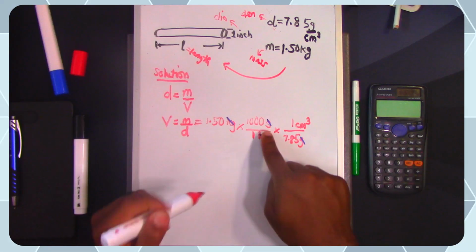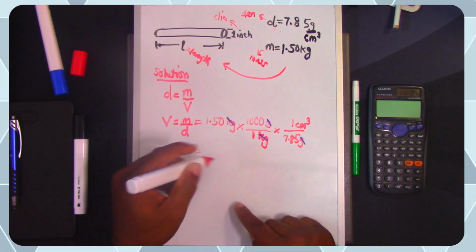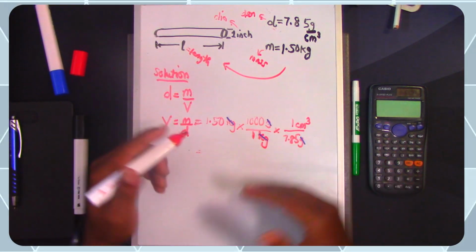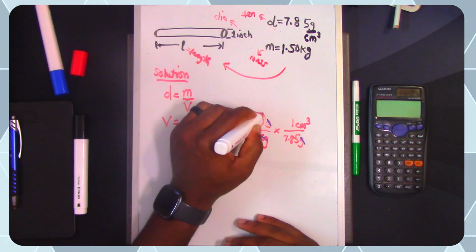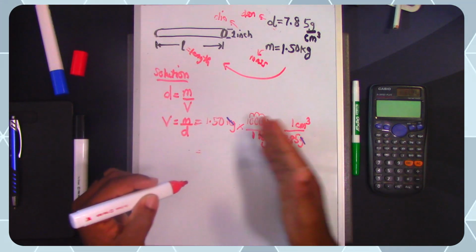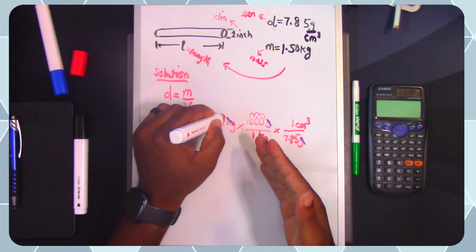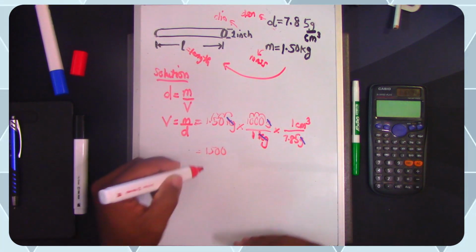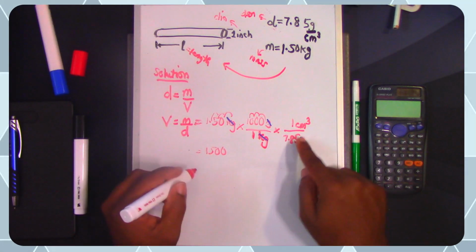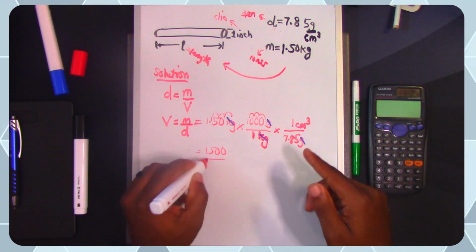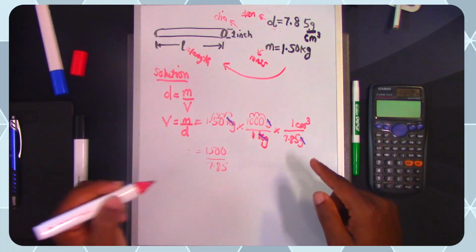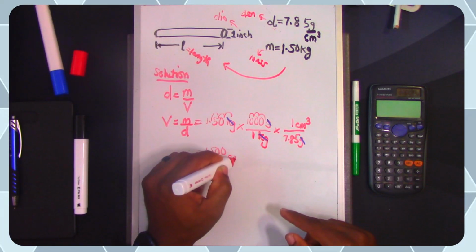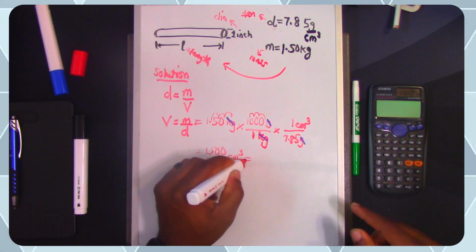1.5 times 1000, which in this case, by doing this with our calculator, we're going to move our decimal point 3 steps to the right. Therefore, we have 1500 in this case multiplied by 1 over 7.85, and this here is the unit, centimeter cube, on your calculator.